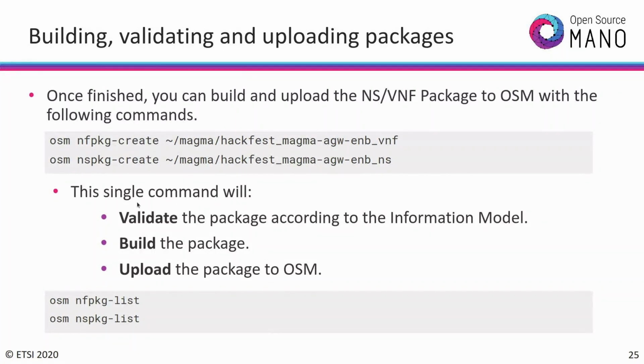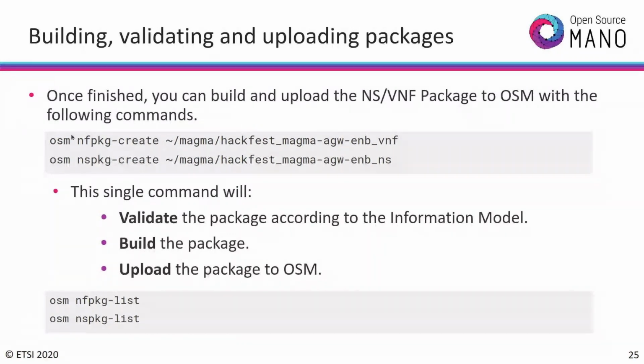First of all, it validates the model. It validates the descriptor against the information model of OSM. Second, it builds the package. It creates a tar file, a compressed file, and then it uploads it to our OSM instance. So it's part of the catalog.